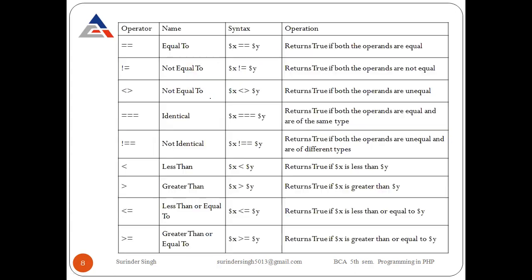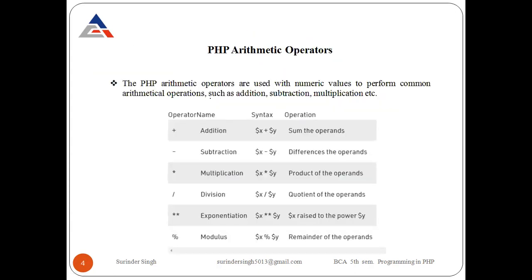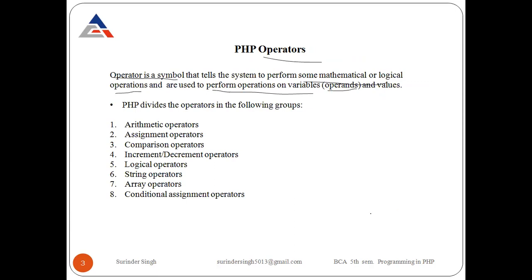Clear? Now there are following types of operators: arithmetic operators, assignment, comparison, increment, decrement, logical operators, string operators, array operators, and conditional assignment operator. Clear? Basically 8 types of operators there.